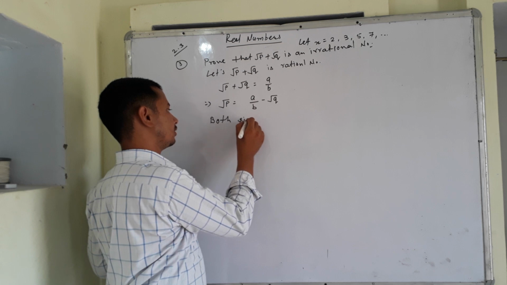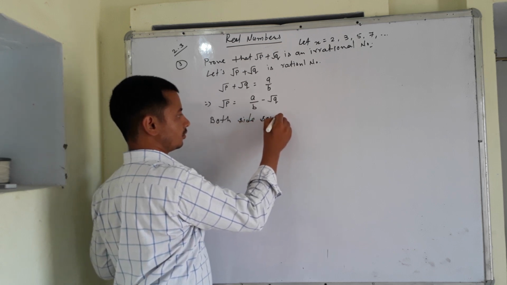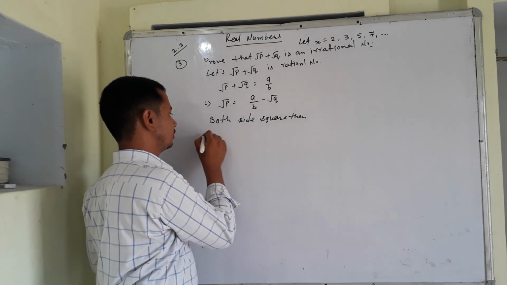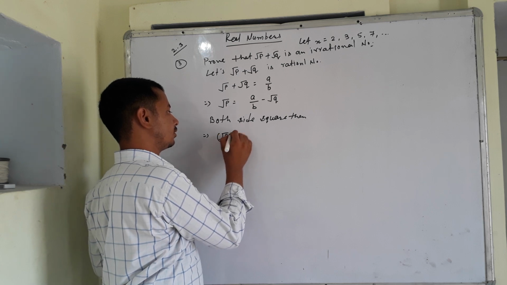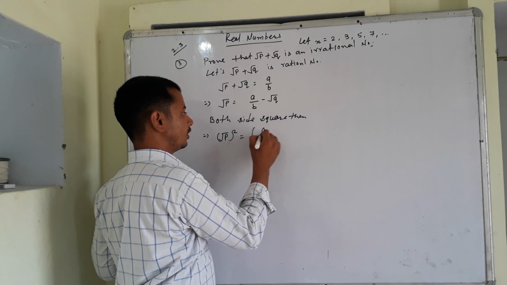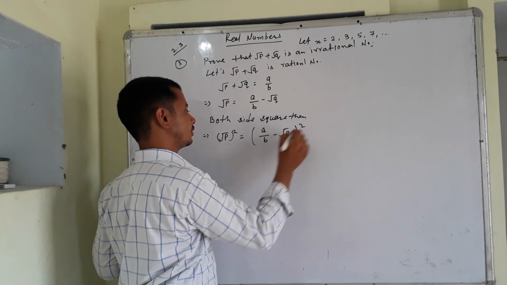Squaring both sides, root p square equal a upon b minus root q square.